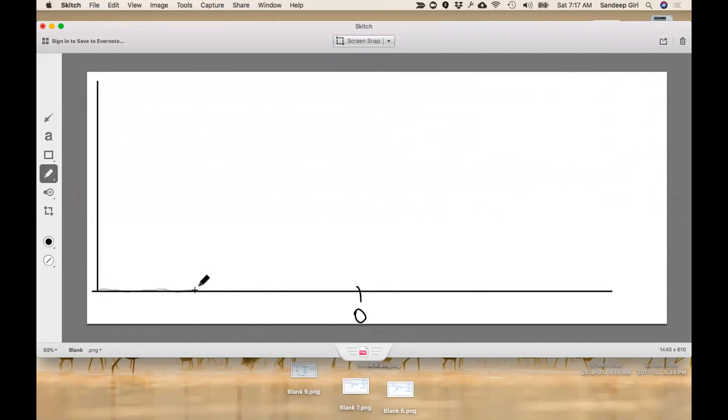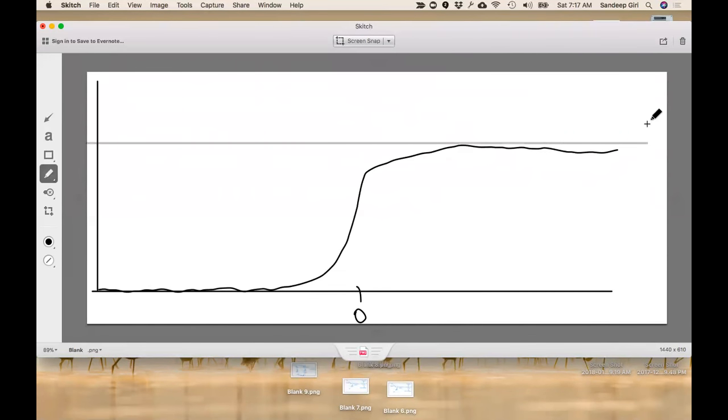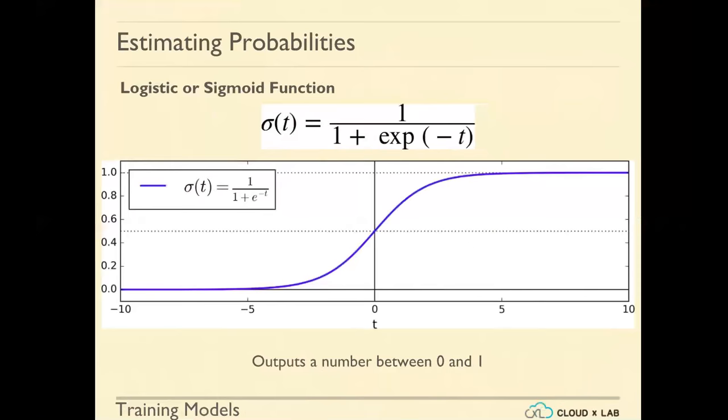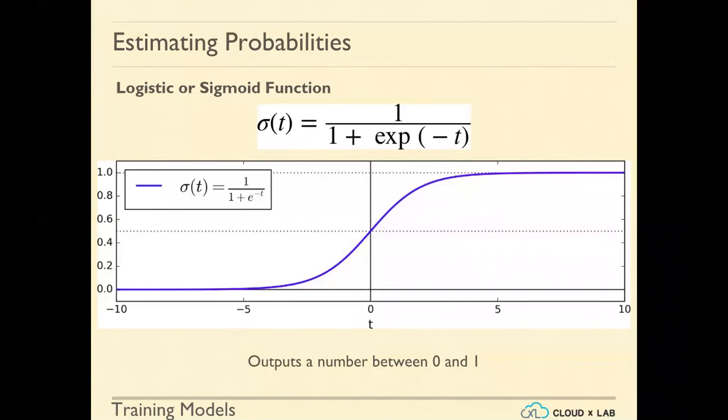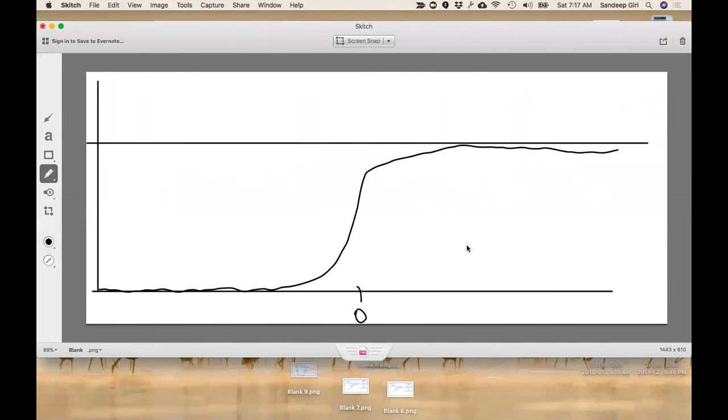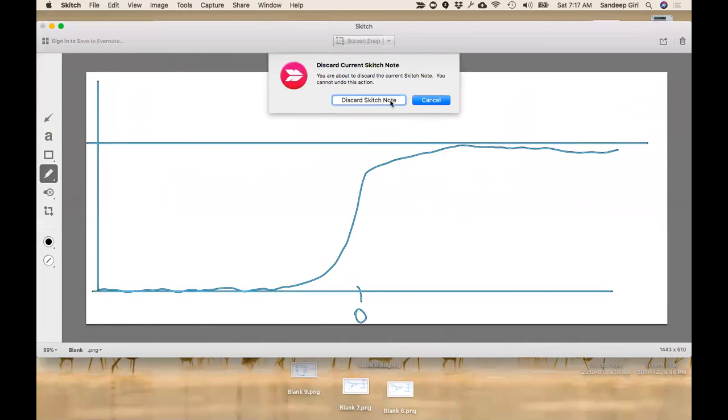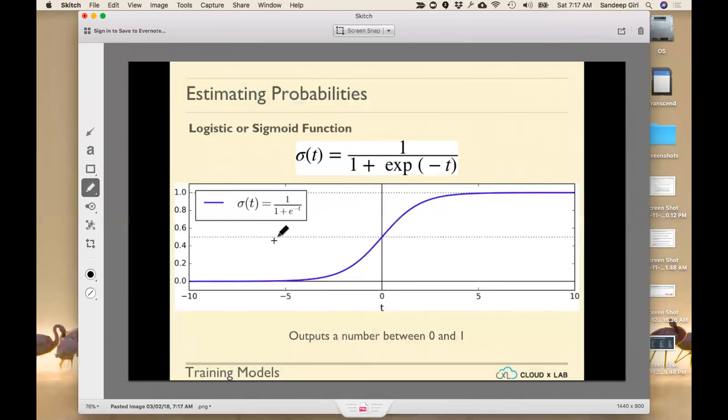That's the reason I failed in arts. Okay, something like this. I think this is better.